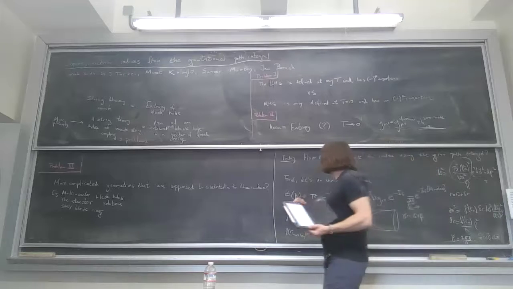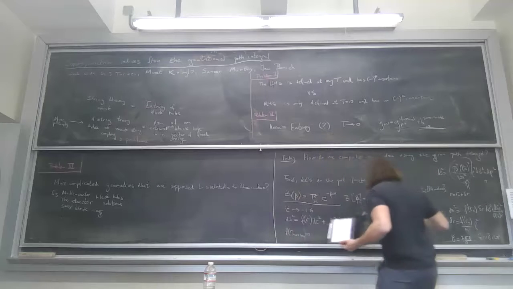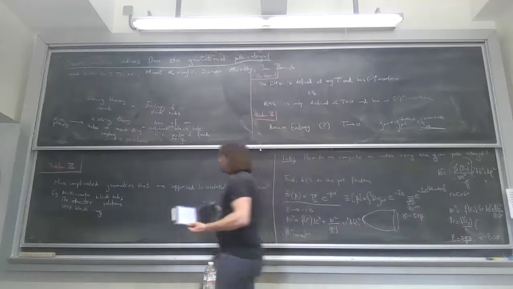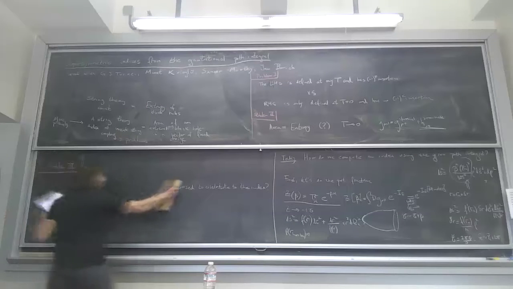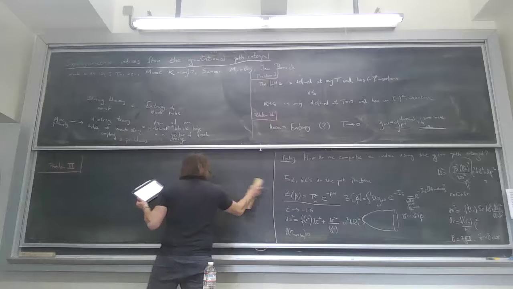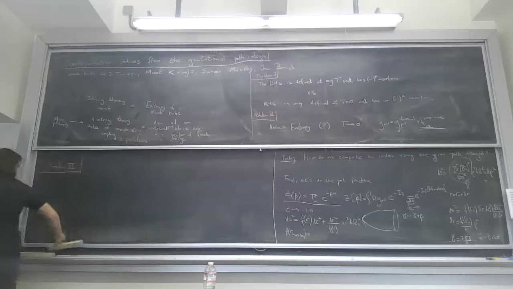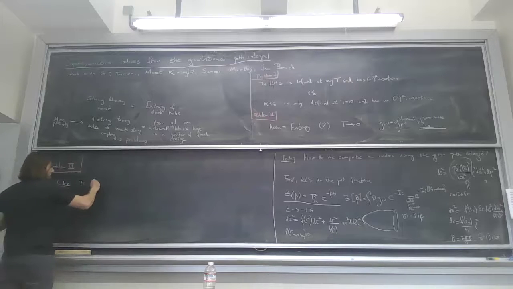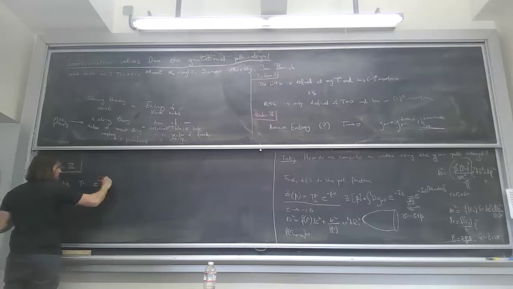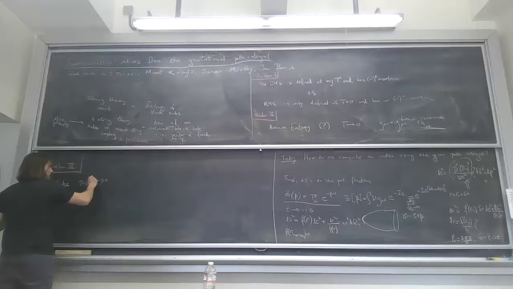So now let's look at an index. An index is just the trace of e to the minus beta H with a minus 1 to the F insertion.